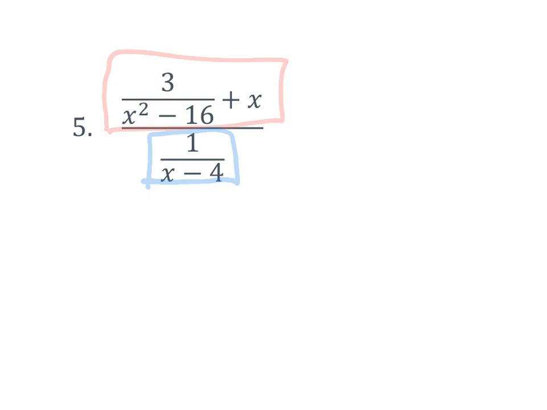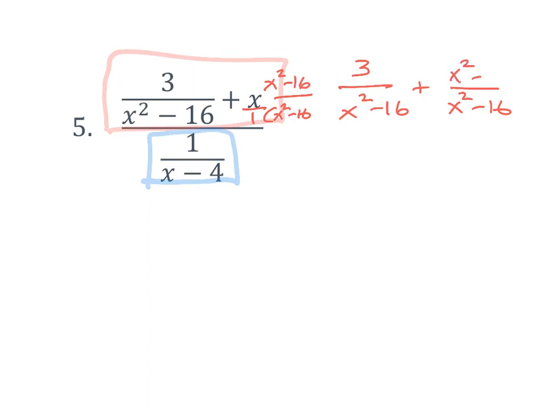So here, my common denominator, if I put a 1 here, is going to be x squared minus 16. Now, I will factor this, but for right now, I'm just going to leave it as the x squared minus 16. So the first fraction is good. It has everything it needs. This one just needs x squared minus 16 multiplied to the numerator and the denominator.